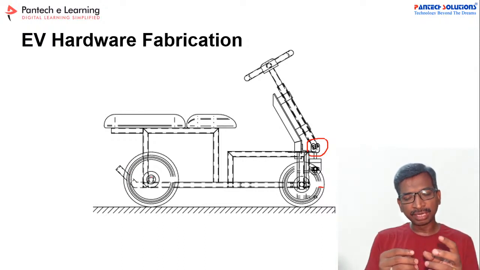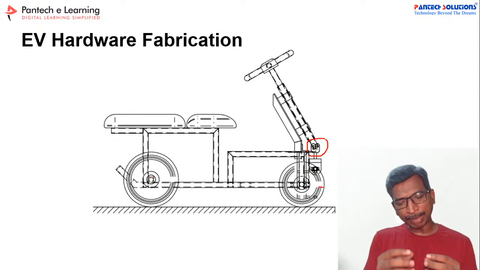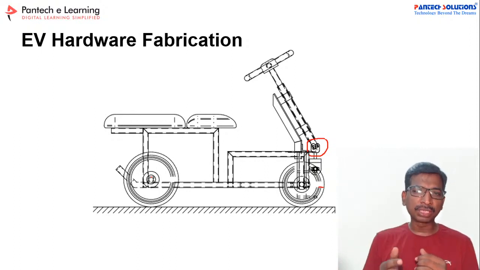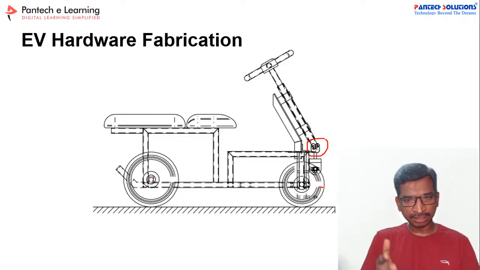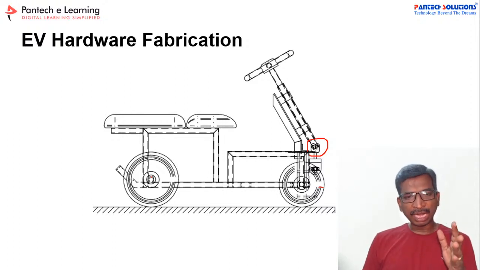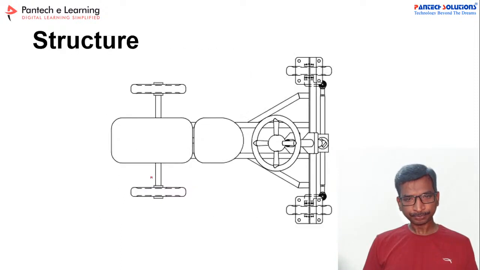Here I am going to keep two motors, that is a dual drive motor. I will tell you what a dual drive motor is in the next slide, so keep engaged in the entire class. This is the ultimate final output of my hardware fabrication prototype. Right. This is the top view. See here, this is one wheel and this is the other wheel.